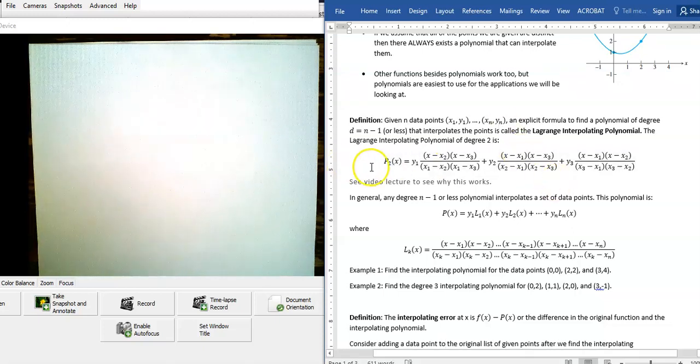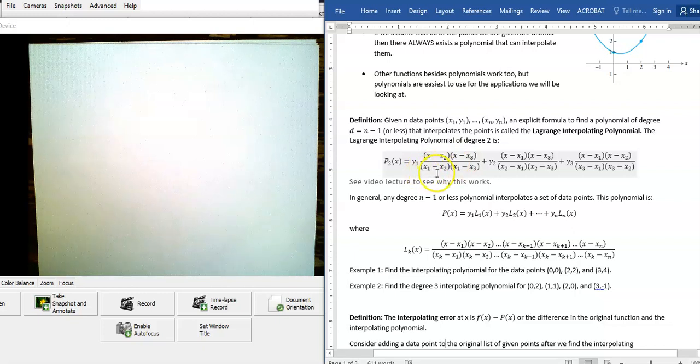Here is an example, the degree 2 Lagrange interpolating polynomial. So this is for our parabola, a degree 2 polynomial. You can see it's this ugly formula here, but it's very symmetric. It's not too bad to use. The first term is y1 times this big quotient of a bunch of products: x minus x2 times x minus x3.